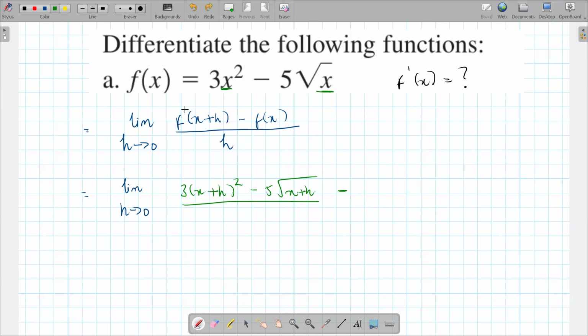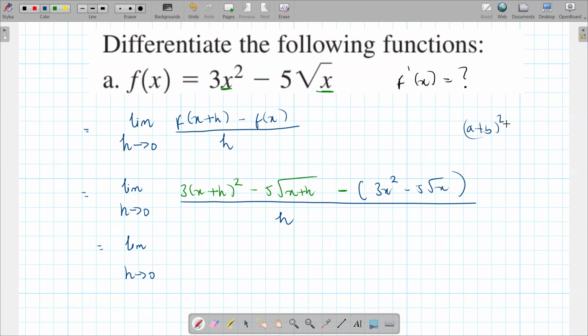So minus, now we got to do f of x, the original function. Now the original function is 3x squared minus 5 root x, like that, and you have an h in the denominator. I'm going to open both of these brackets. And again, remember, a plus b whole squared is a squared plus 2ab plus b squared.